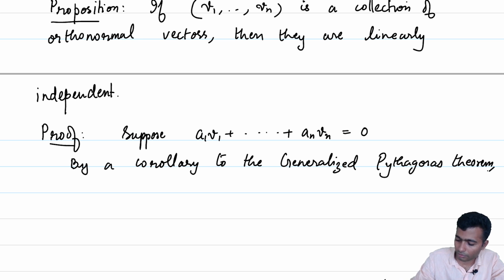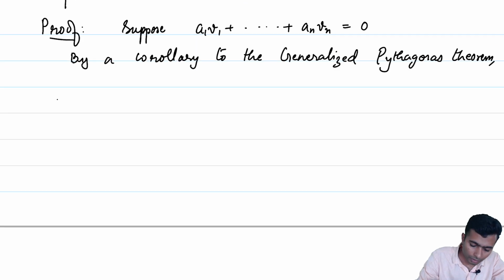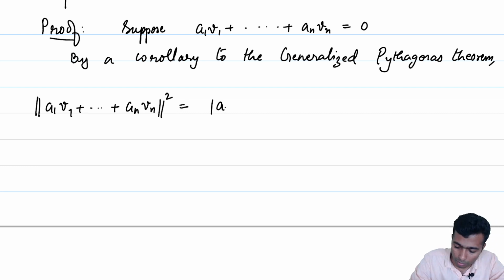What can we conclude? We can conclude that the length of a1 v1 plus up to an vn, squared, is going to be equal to mod a1 squared times length of v1 squared plus up to mod an squared times length of vn squared.